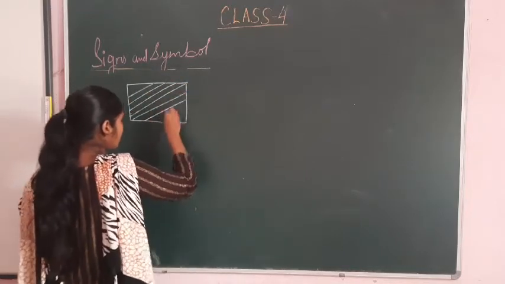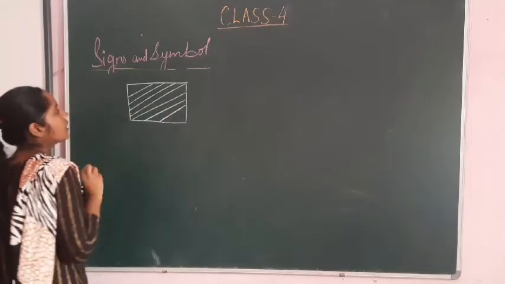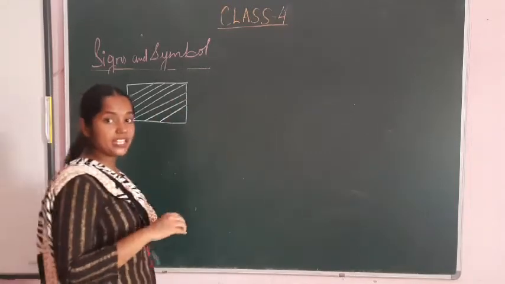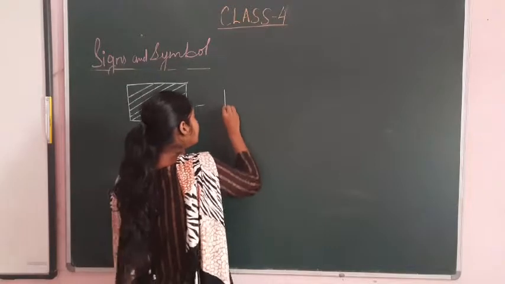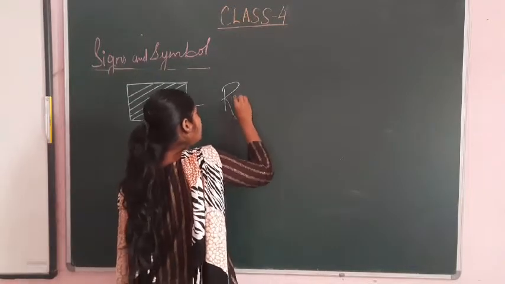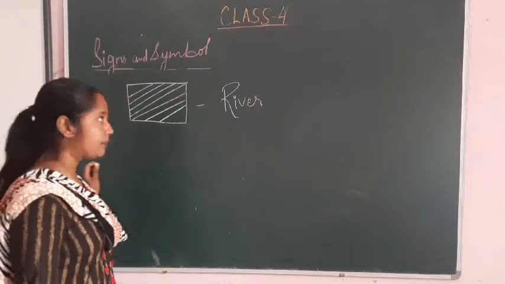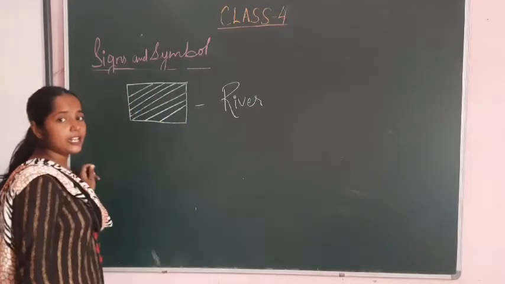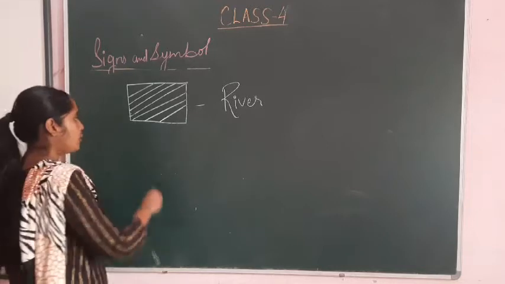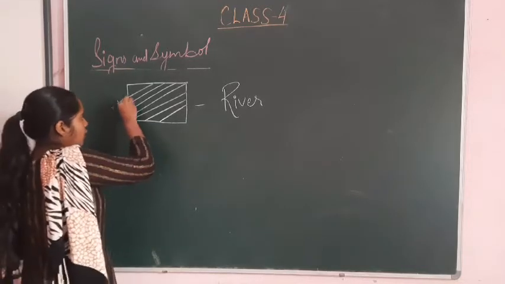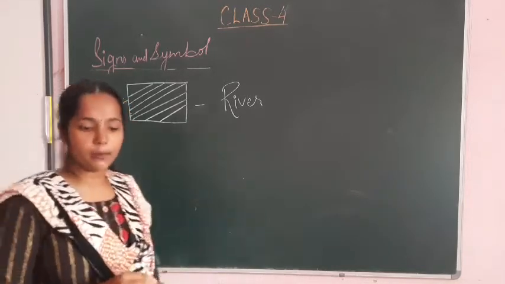What is this? In a map it symbolizes a river. That's why I am writing with blue. It's a river, okay. When in the corner of your map it is given that you have to symbolize a river, you have to make this drawing in the map, in a physical map.